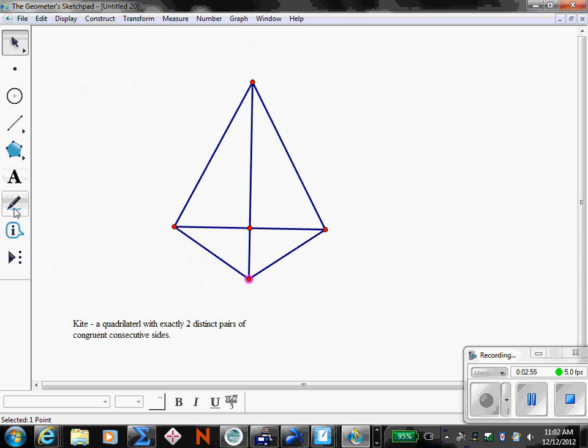So I have a consecutive congruent side here. And then over on this side, oops, maybe it won't let me do it now. Shoot.